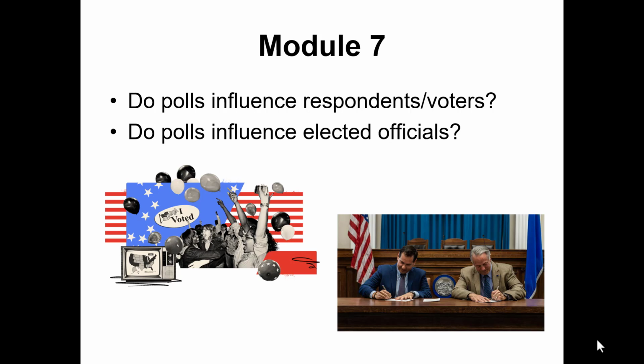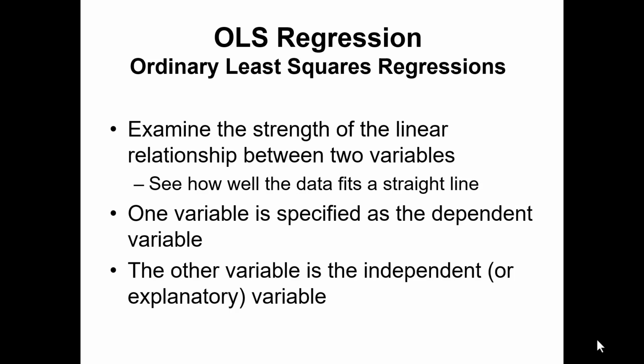What I'm going to focus on is regression analysis. One, because your replication project involves you doing this, but also many of the studies that we've read and many studies that you will read in the future, academic articles, will use regression. This is the tool.